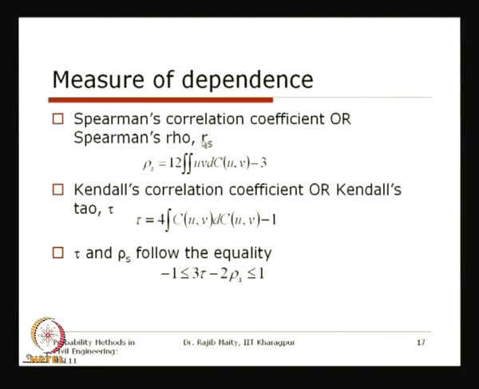Expressed through the copula, it is 12 times the double integration of u v dC, minus 3. This is the form of Spearman's rho which can be derived from the copula.